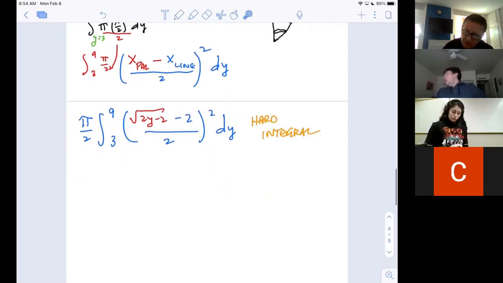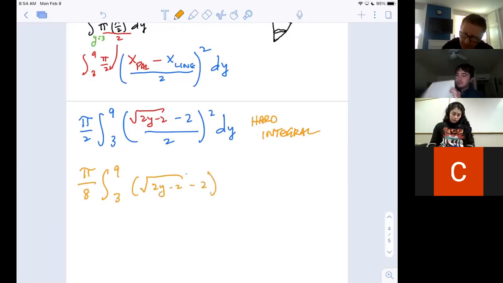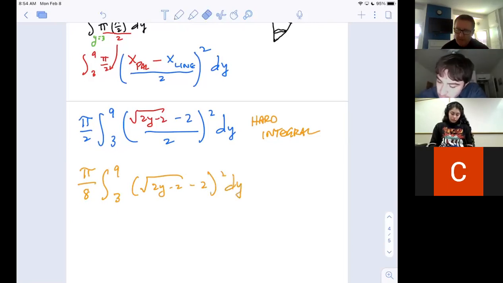And just to write one more thing down, since this fraction is squared, does it make sense the 2 on the bottom would be squared to become a 4, which means I could pull it out front. So it'd be a 4 out there with the 2 that's already there. That would be a good step to keep your brain from hurting too much.